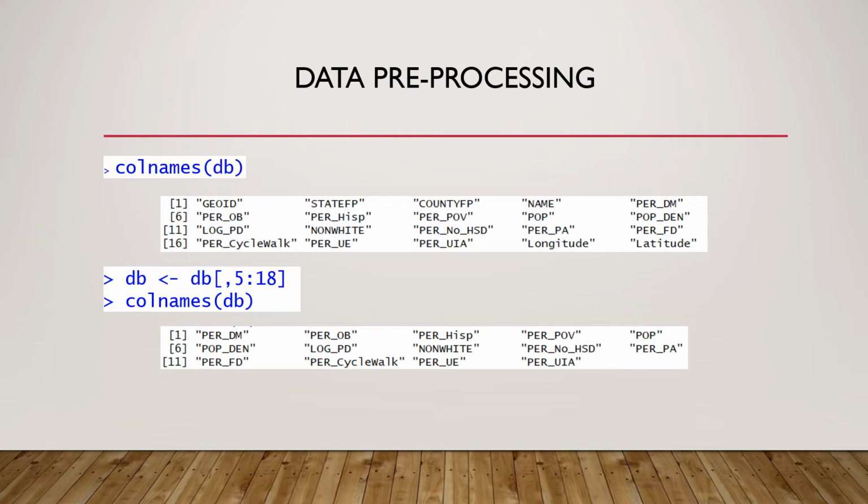And then I understand that a few columns such as geography ID, longitude, latitude are not necessary in the analysis. So by using the indexes of the required columns, I drop the unnecessary variables and restrict my table to the required columns. And then again, I use the colnames function to ensure that I have the required columns.